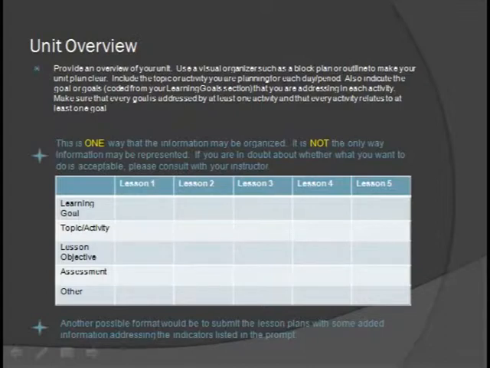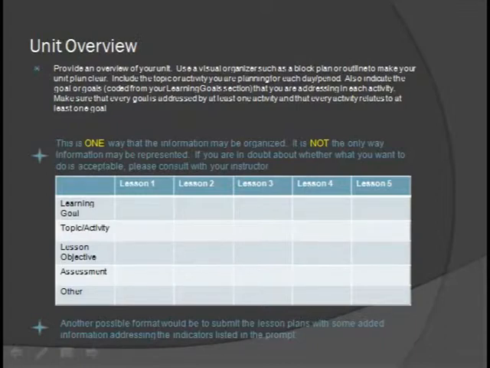Do remember, though, that your standards are correlated to each of the learning goals, and you reported that back when you did your reporting of the learning goals. So you will provide a unit overview, and in that unit overview, you are going to make it clear which lesson is going to deal with which learning goal, what the activities are going to be, and in this case, you do list all of the activities.